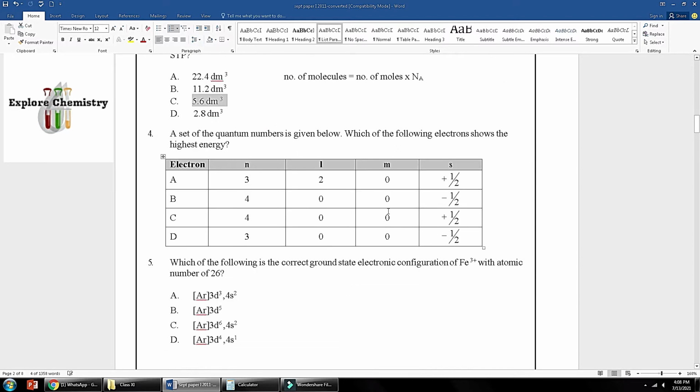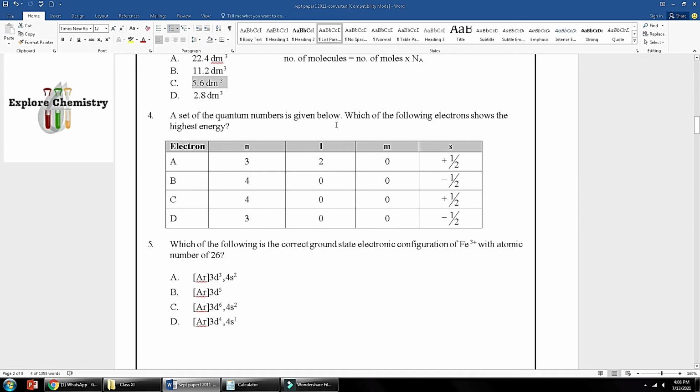Now next, question number 4: a set of quantum numbers is given below. Which of the following electrons shows the highest energy? Highest energy is shown by orbital or subshell. As you know, these two belong to the fourth shell, so these two must have the highest energy.